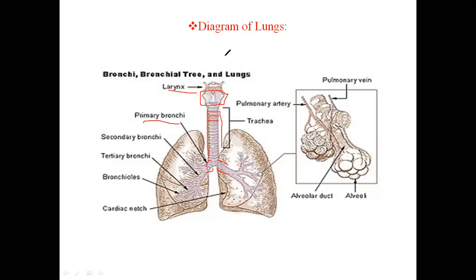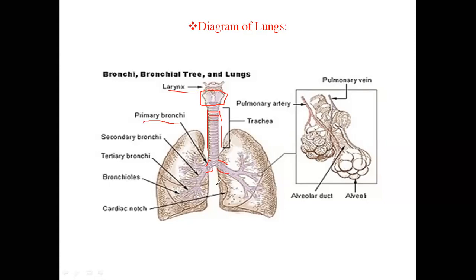This primary bronchi then again enter into the lungs. So we know that there are two lungs, one present on the right side, one present on the left side.